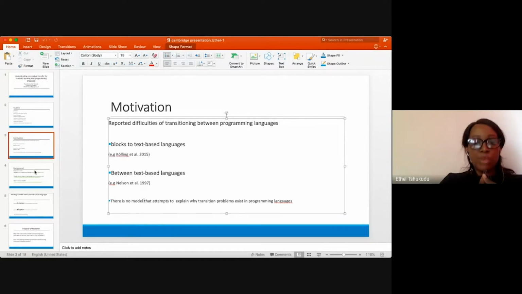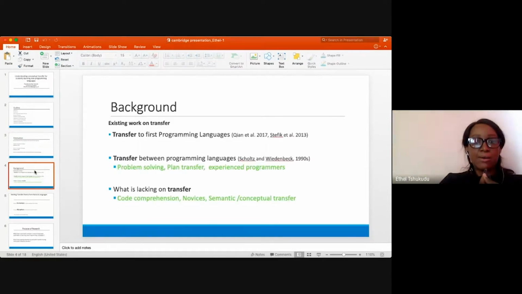So I looked at the existing transfer studies in computer science education research, and we have lots of studies that talk about misconceptions, and most of those misconceptions are based on the transfer from natural languages or mathematics to programming languages.